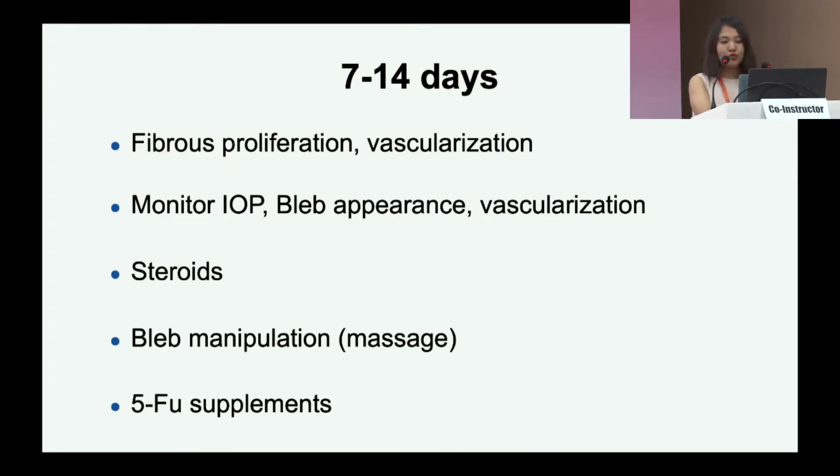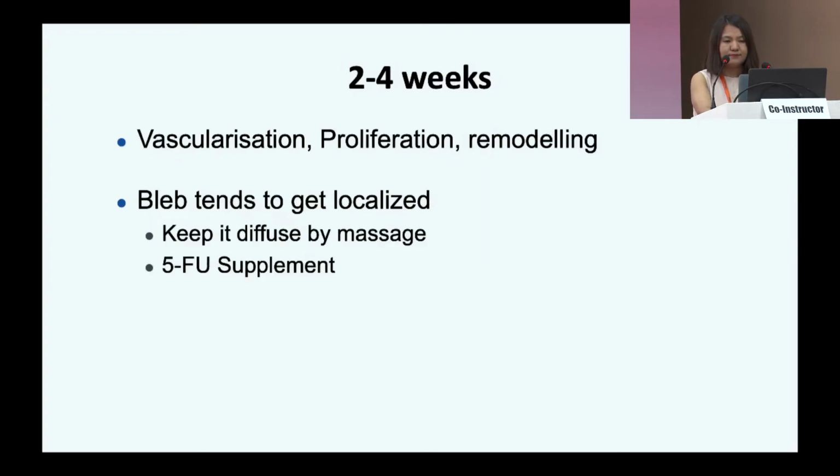At around 2 weeks, fibrous proliferation and vascularization process is ongoing. So again, monitor the bleb and look at the vascularization. You should keep on continuing the steroids in this case and massage as and when needed, along with 5-FU supplements. Up to 4 weeks, the remodeling process is going on. So you should always look for any localization of the bleb and keep the bleb always diffuse.